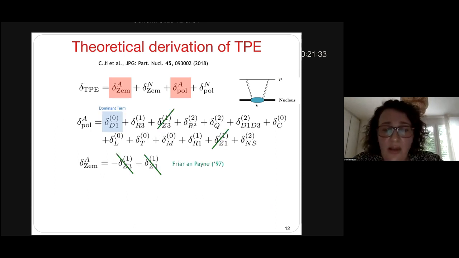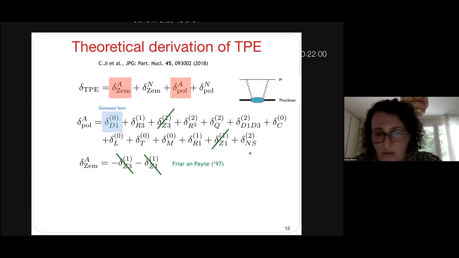So we know how to calculate it, and there are various terms, and we've given every term a name. If you then calculate the elastic part, you also see that there is a cancellation. So if you want to calculate the whole two-photon exchange, you can save yourself the calculation of two terms, but we calculate them each individually. So there are a lot of terms.